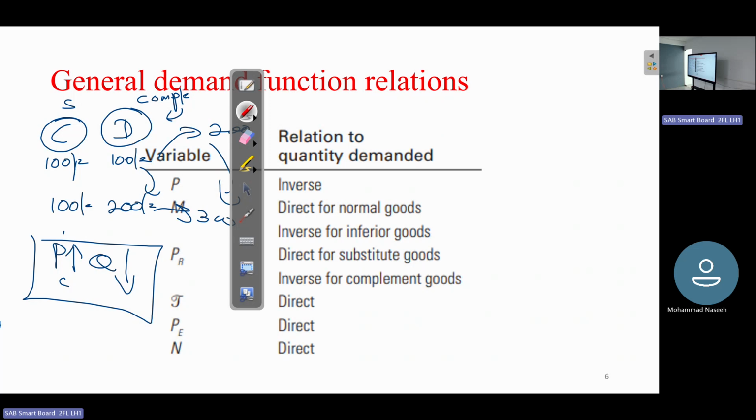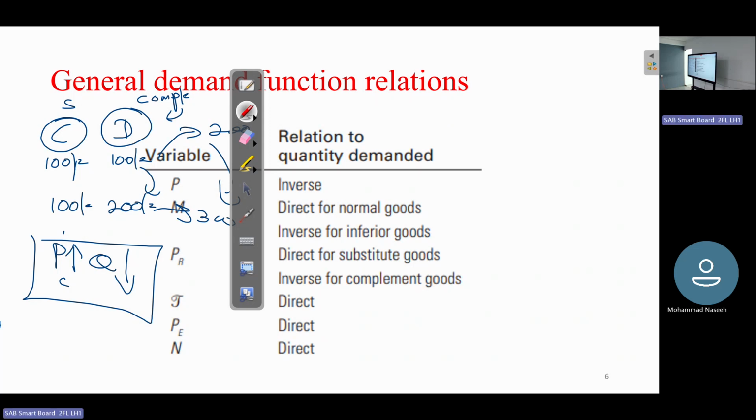Second one: there are some products whose demand will decrease as a result of increasing income.